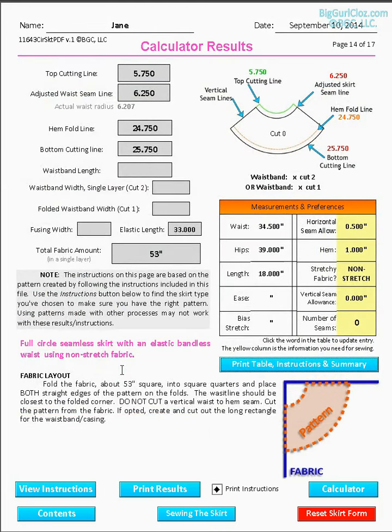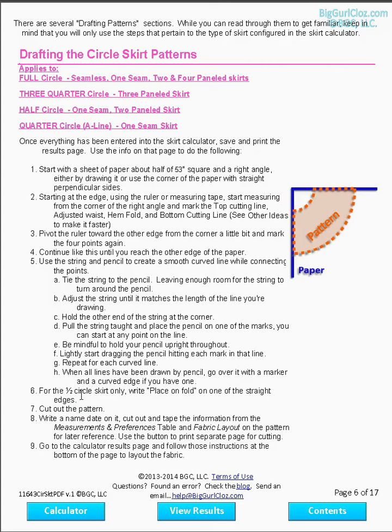At this point, you will move on to actually drafting the pattern, which I will demonstrate in a later video. But basically, per the draft instructions, you will need to mark the top and bottom cutting lines, the adjusted waist seam line, and the bottom hem fold line.